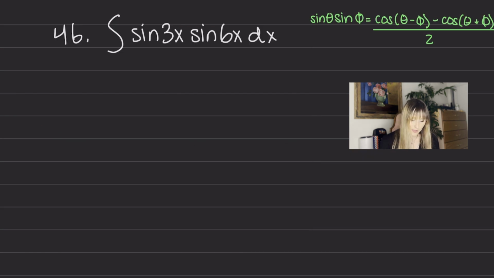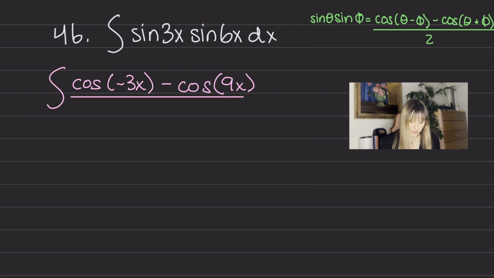So similarly, I'm going to rewrite this. I'm going to get cosine of 3x minus 6x, so minus 3x, minus cosine of these two added, we get 9x, all over that 2. Ignoring that 2 until later, I'm going to separate these.